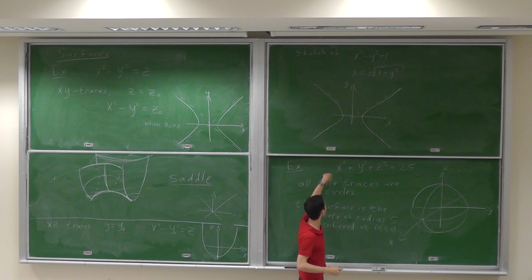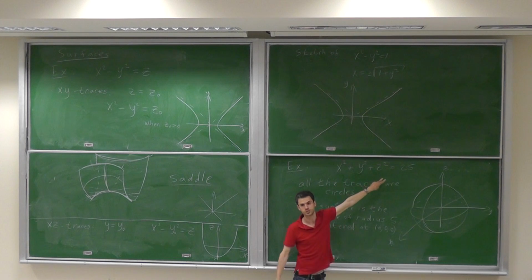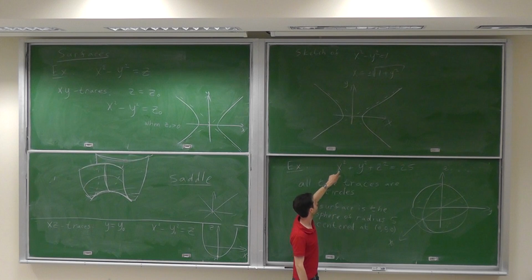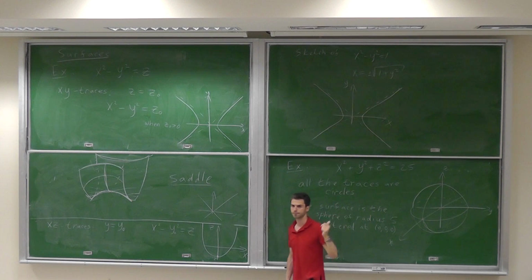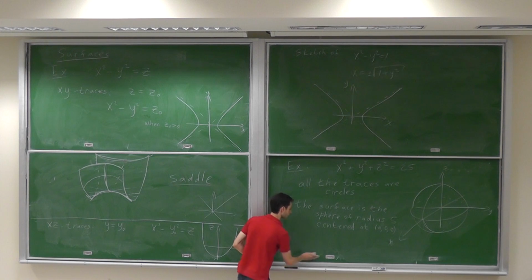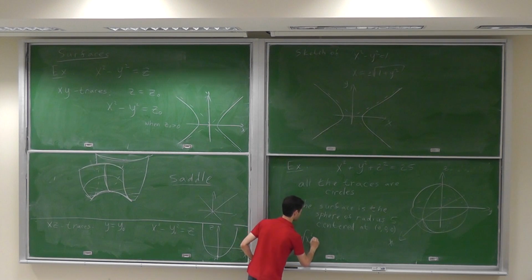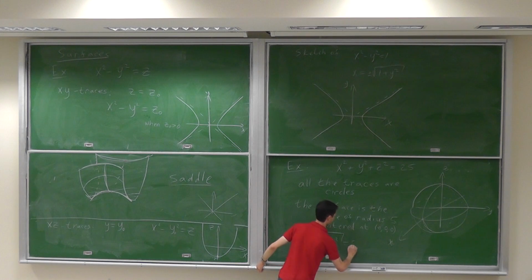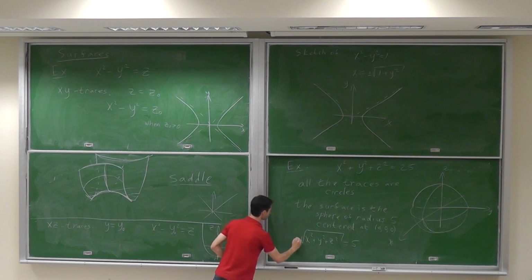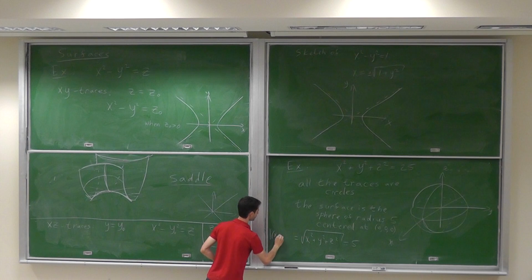Well, it's the square root of the sum of squares of coordinates. So the square root of x squared plus y squared plus z squared is equal to 5. This is exactly the length of the vector x, y, z.